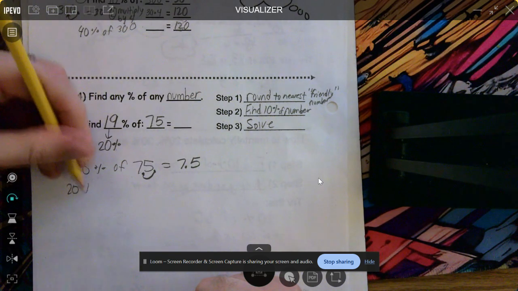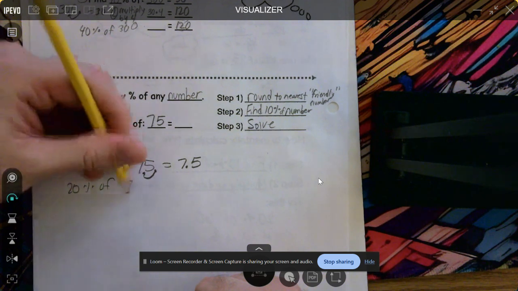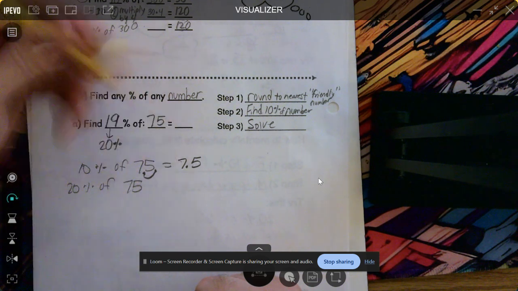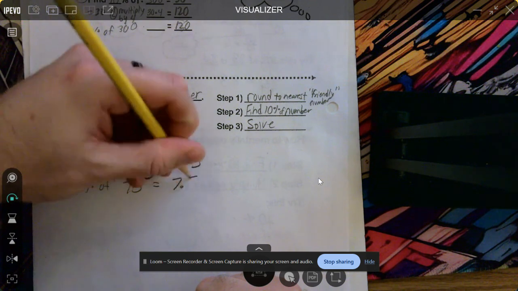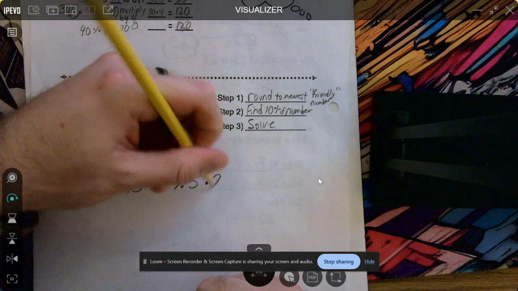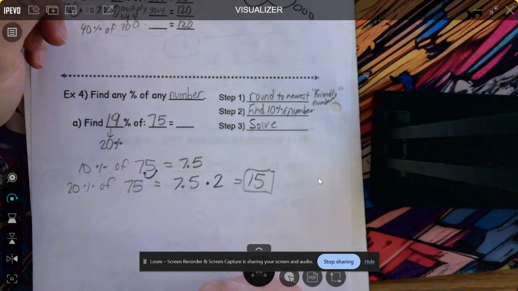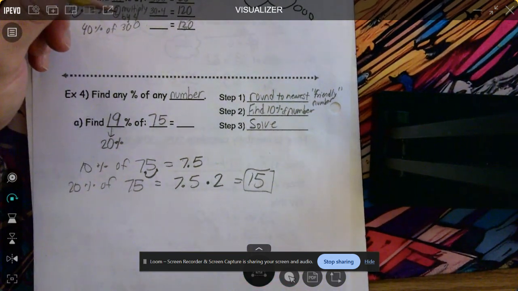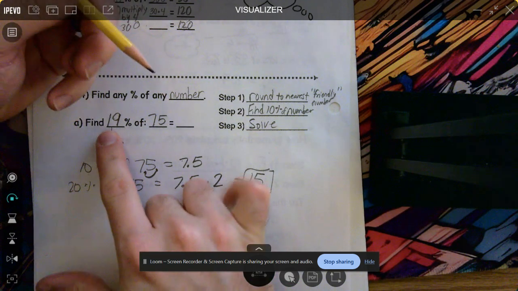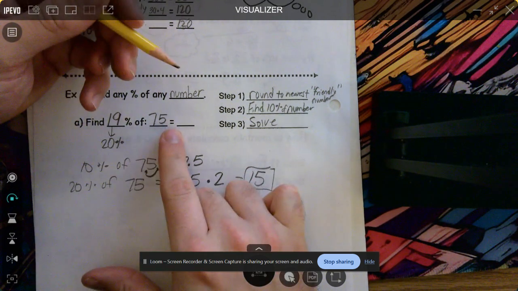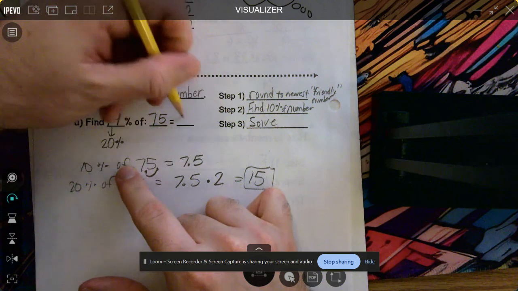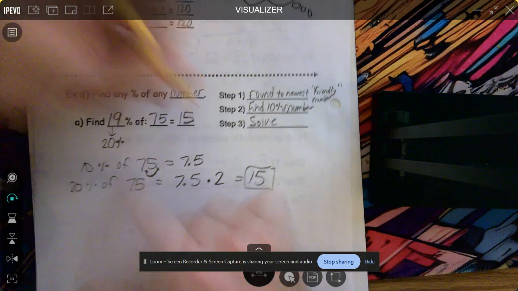And then we know how to find 20% of that number. We can multiply our 10% answer by 2. So multiply 7.5 times 2, and you get 15. So that means when we estimate 19% of a number, we're going to actually find 20%. So this would be about 15 would be our answer.